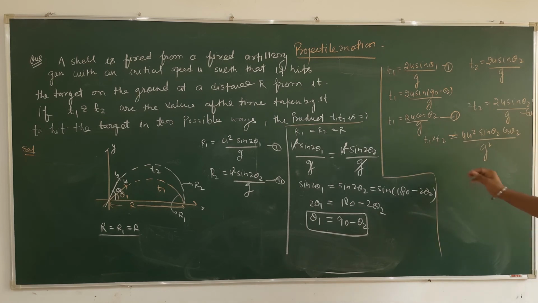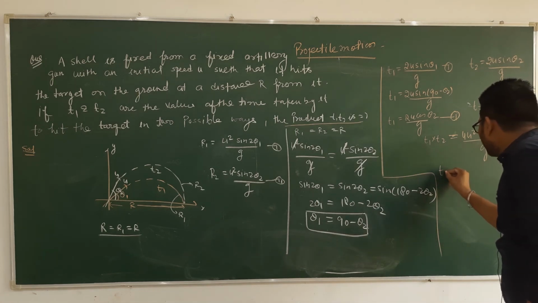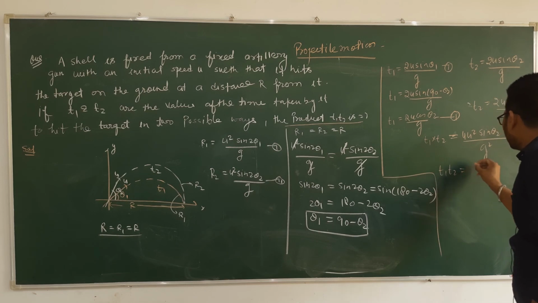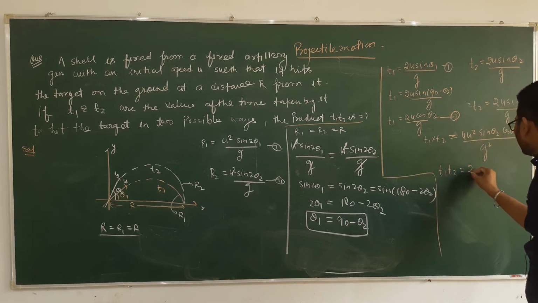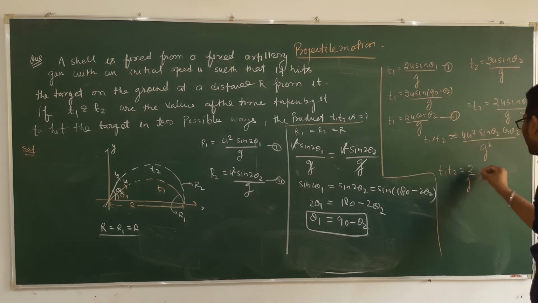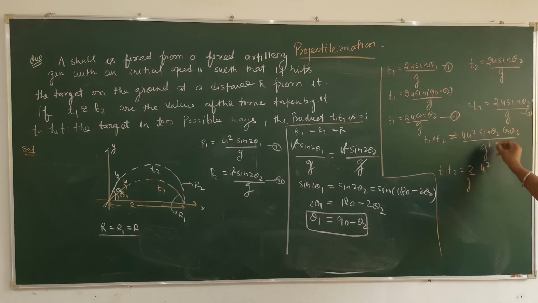So T1 T2 equals 2 upon g times u square times 2 sin theta 2 cos theta 2 upon g.